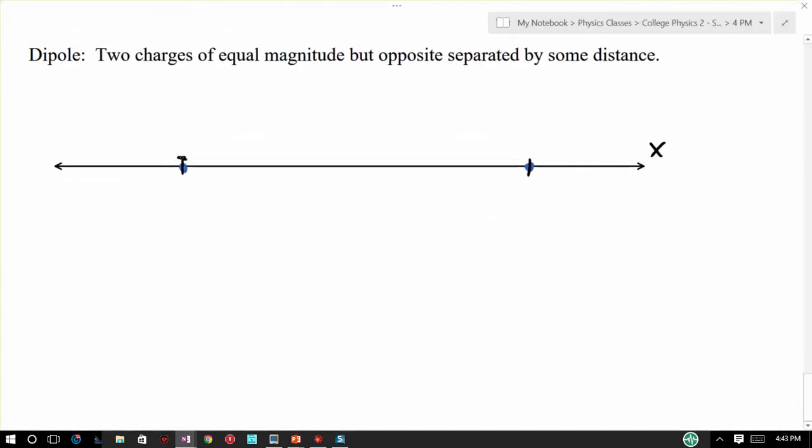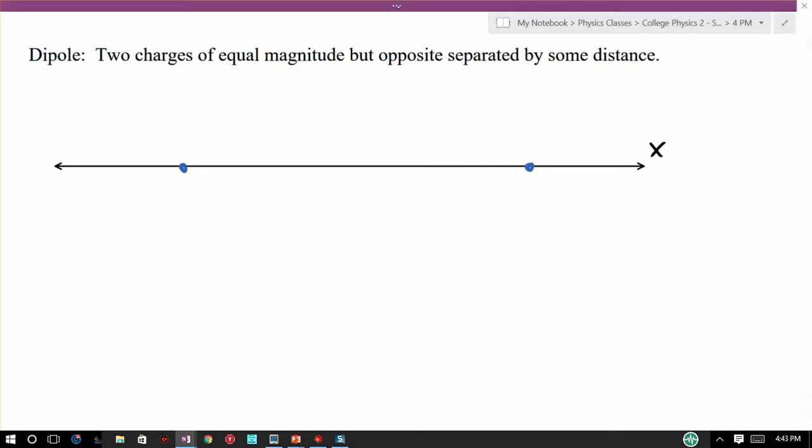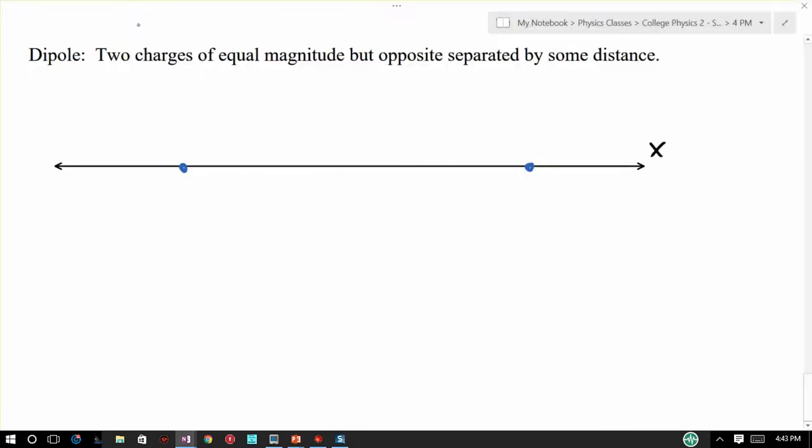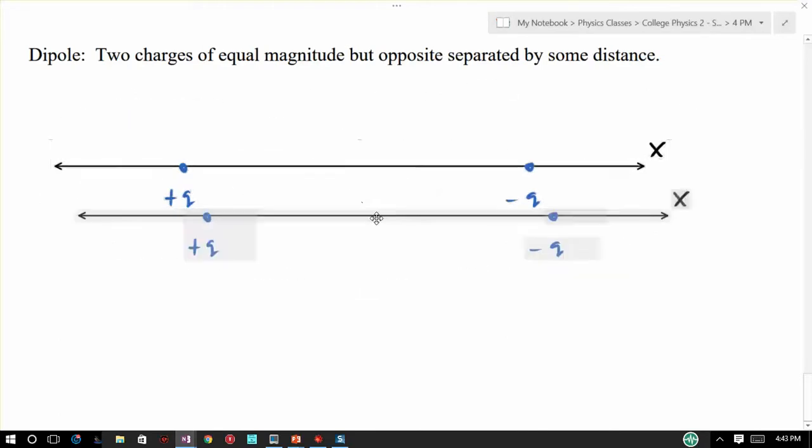You could put both of them on the x-axis if you wanted to. So this is a positive charge. This is positive Q, this is minus Q, so they're the same amount, just opposite sign.